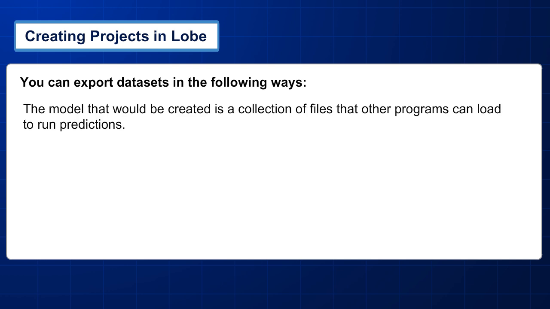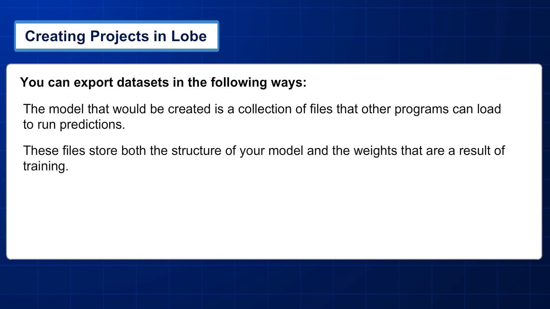The model that would be created is a collection of files that other programs can load to run predictions. These files store both the structure of your model and the weights that are a result of training.